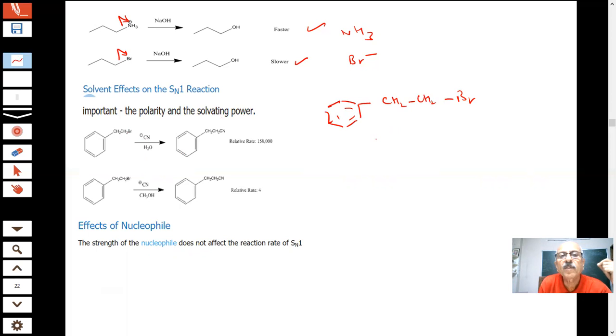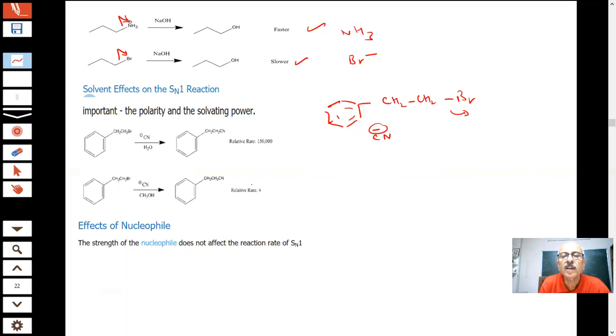What we are doing here is the importance of polarity and solvating power. If you are removing this group, what is happening? You can see if you are using CN minus, then where is the relative rate higher?